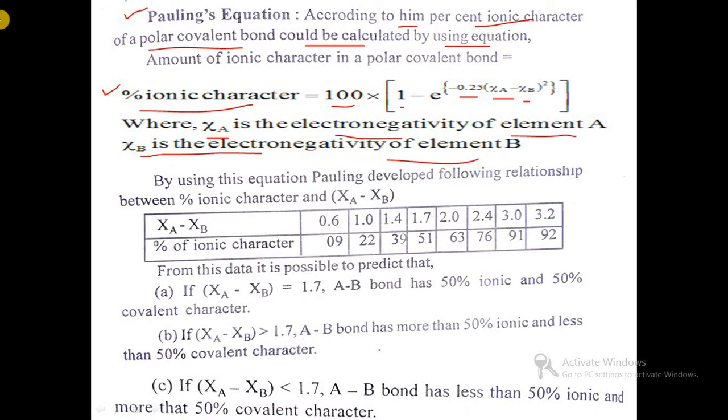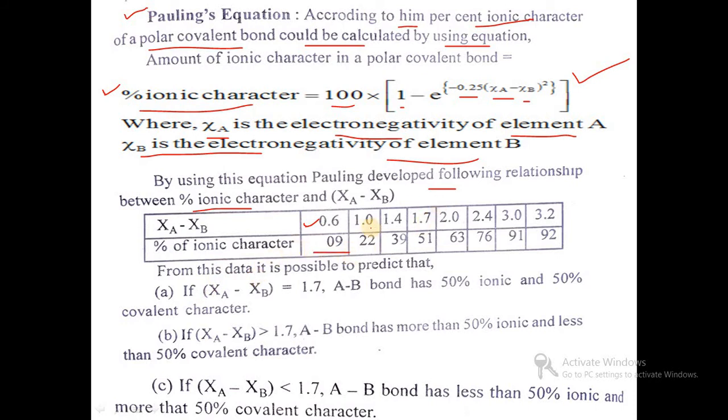By using this equation, Pauling developed the following relationship between percent ionic character and the electronegativity difference between atoms A and B. Suppose the value of the difference is 0.6. When we put this value in the above equation, the percent ionic character is 9%.